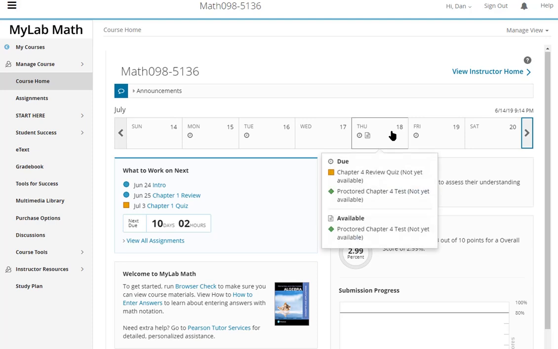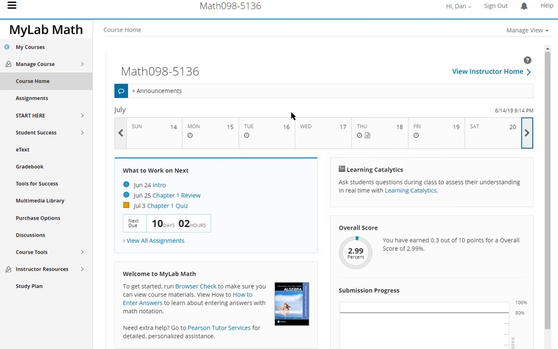And you can do those up to 3 attempts. And then on July 18th, the review quiz is due, or all 3 attempts are due. And then the proctored test comes up. And that really is most of what we're going to use, but you can also check your grades.